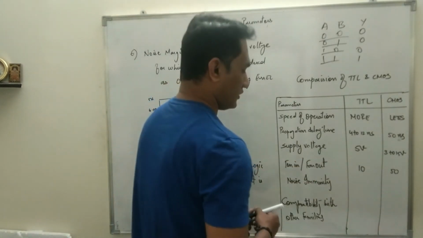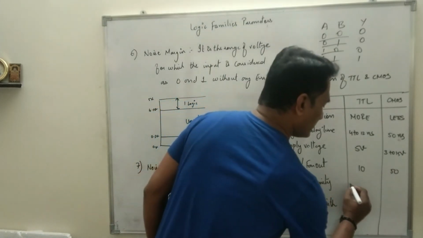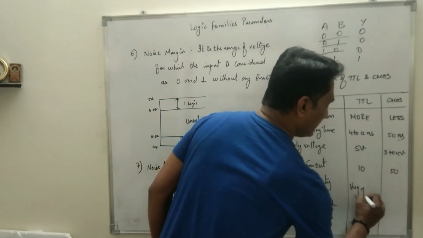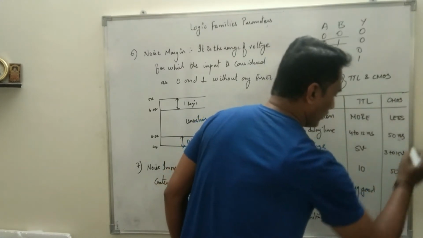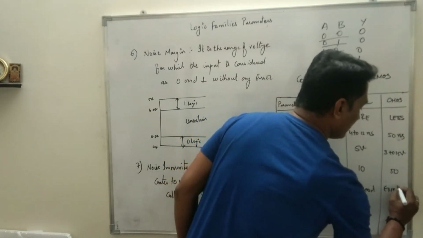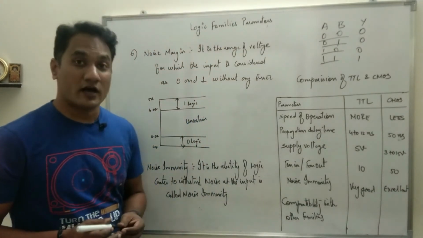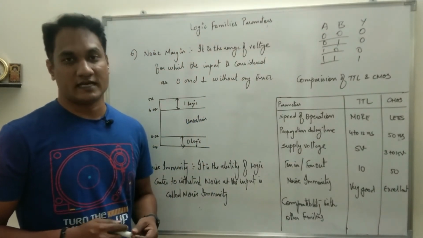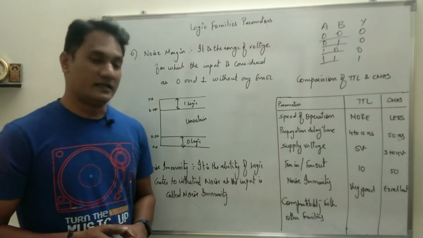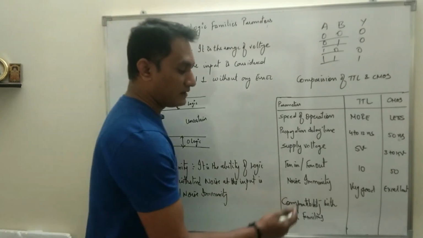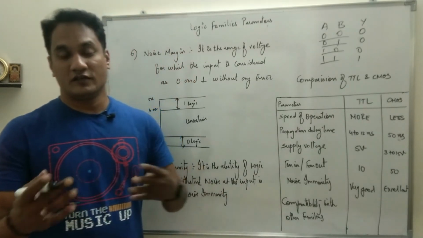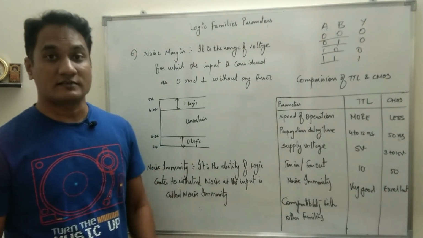Okay, noise margin, this is very good for TTL, but CMOS is excellent. That means the noise margin, the ability of withstanding noise, is much better in CMOS as compared to TTL. And when you use two different types of logic families, we have to understand the compatibility.